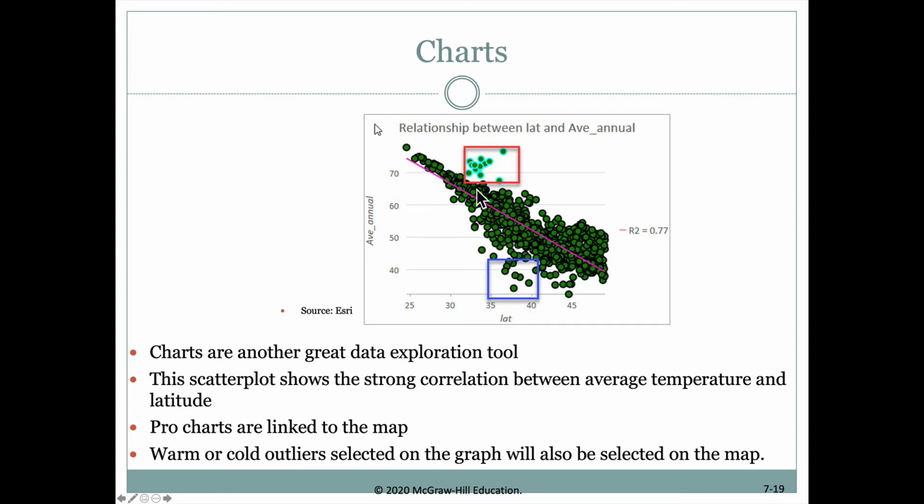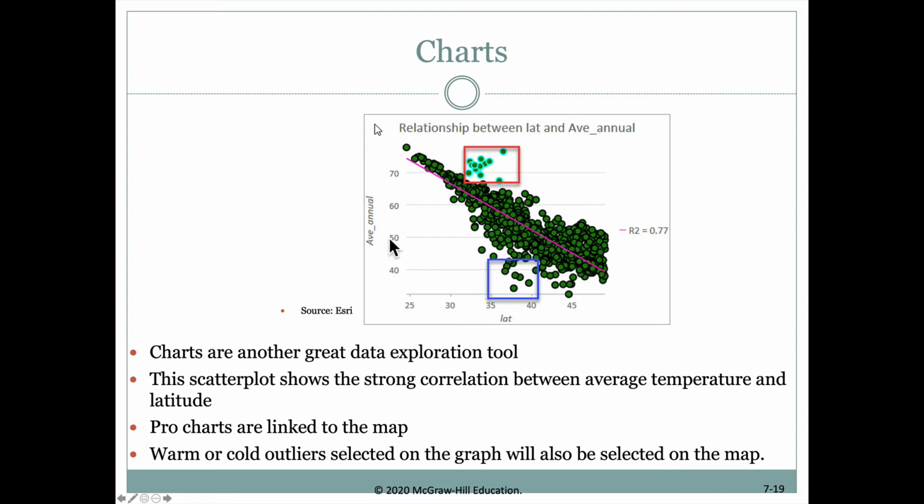In this example, the average annual temperature is plotted against latitude. We would expect at lower latitudes there would be a higher average annual temperature, and at higher latitudes a lower average annual temperature. So we do get this clustering into something that looks like a negative correlation, a downwardly sloping line. That's a nice way to look at it.